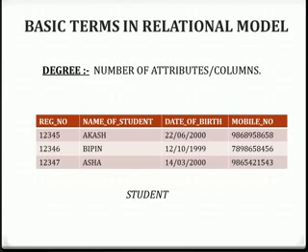Here in the relation student, how many degrees are there? So the degree will be, how many columns are there? There are 4 columns: registration number, name of student, date of birth and mobile number. These are the 4 columns. So the degree of the relation student will be 4.